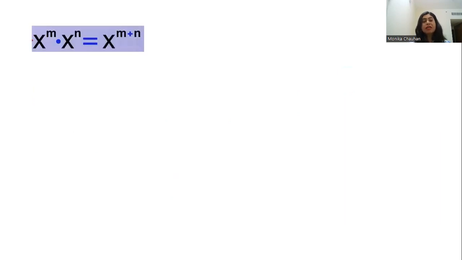Next. Now we have a question where the bases are the same. As I told you, x is the base and the powers are m and n. You add the powers. When bases are the same and powers are different, just remember it. This is the product rule.